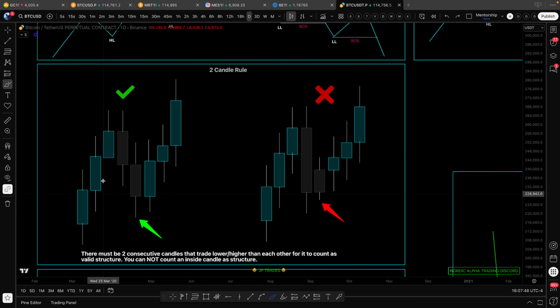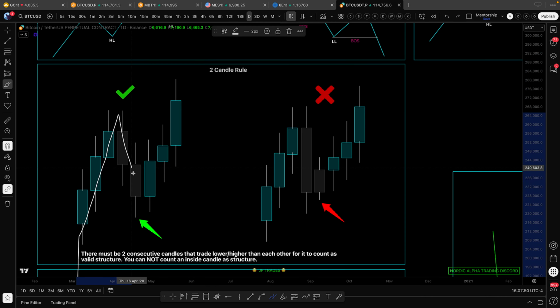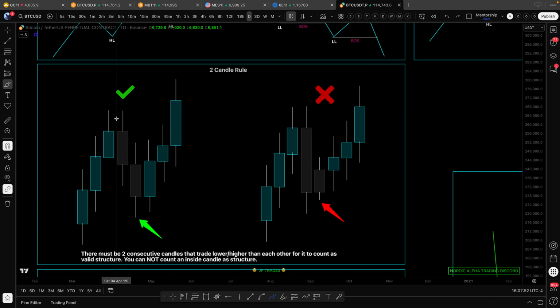That means every time you map out structure, you want to see structure have two down candles or two bearish candles. In this case, they're gray candles. In most charts, you'll see them as two red candles. Now, it has to be two consecutive down candles, but the second candle has to trade lower than the first candle.